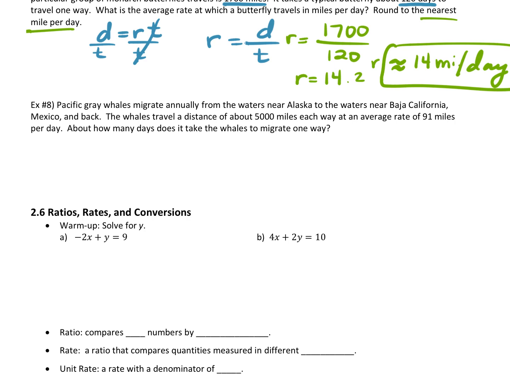So what formula are you using? D equals RT. See if you can figure out which variable you want by itself, and then what it works out to.